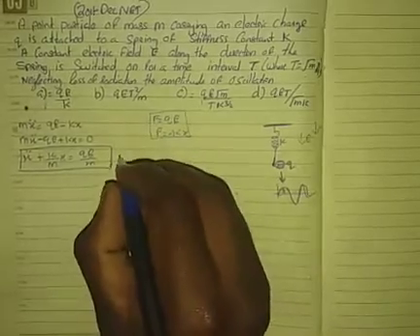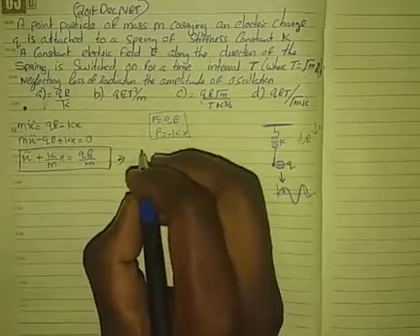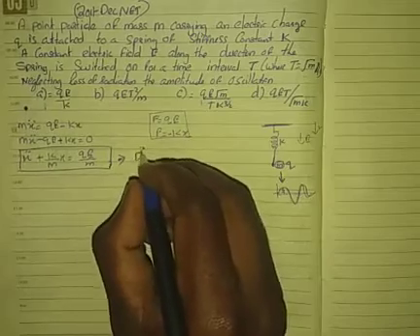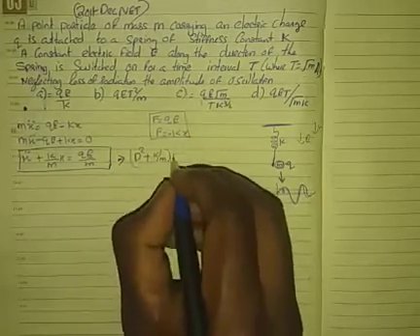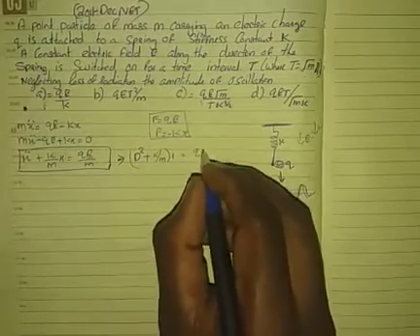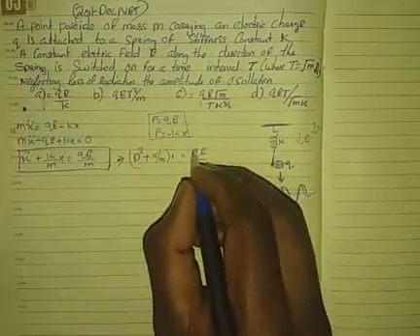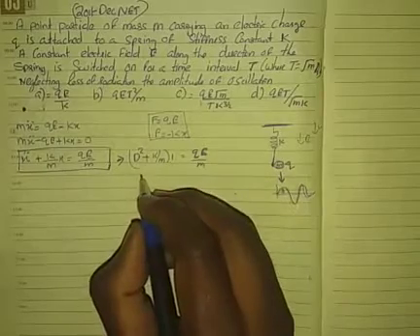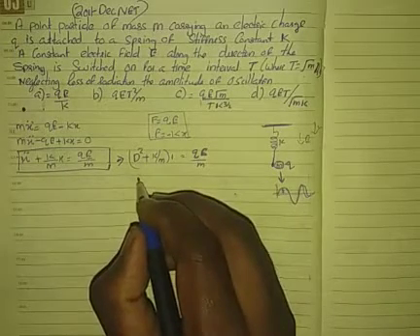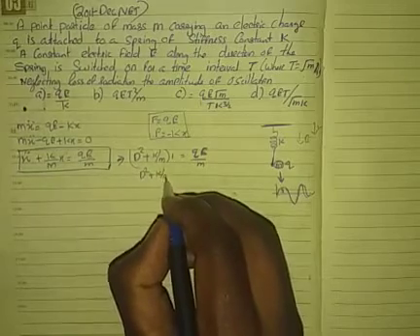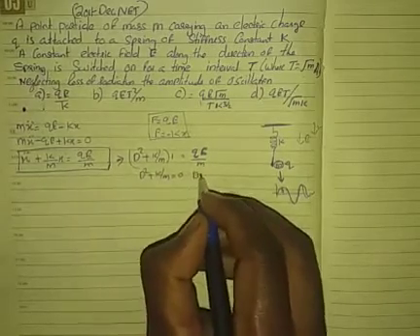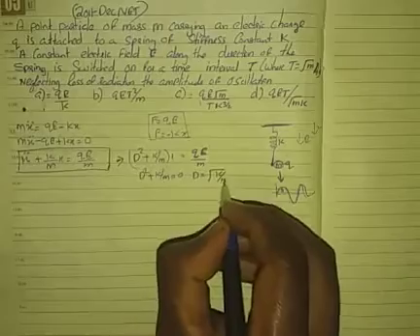So we can solve this differential equation. We can write it in the form of D squared plus k by m, operating on x, equal to qE by m. Look at this. You can write the complementary function: D squared plus k by m is equal to 0, so D is plus or minus i root k by m.